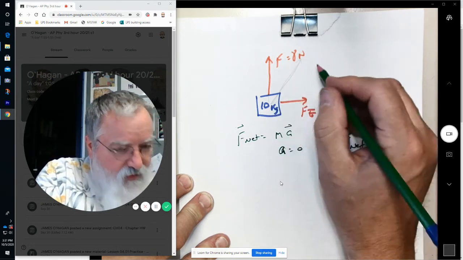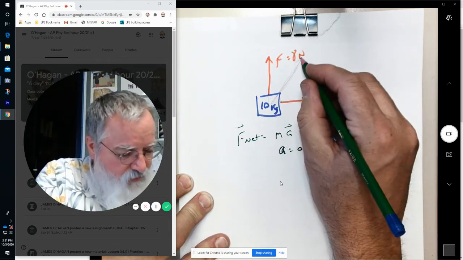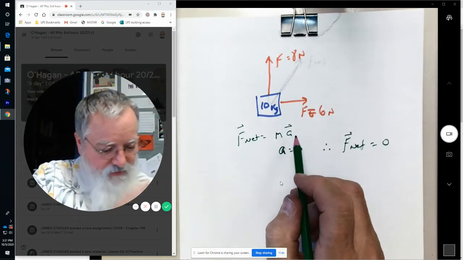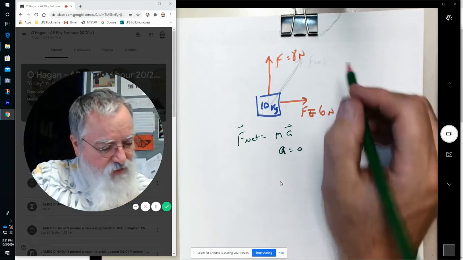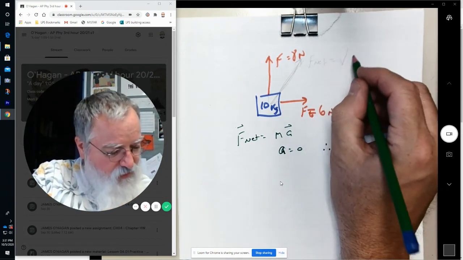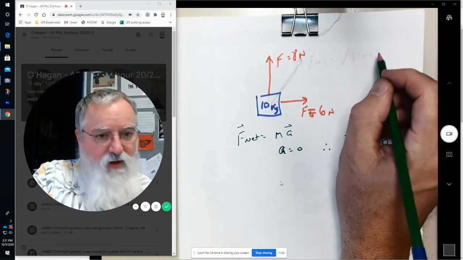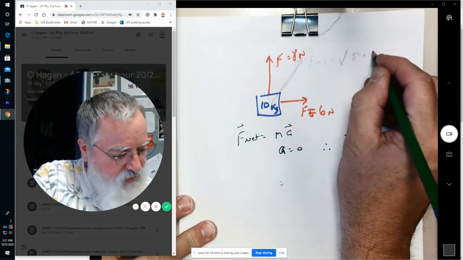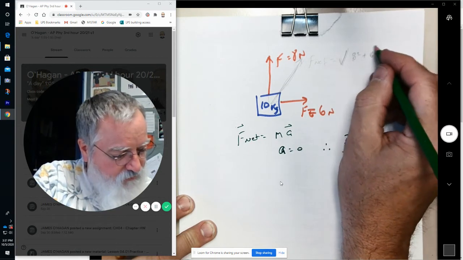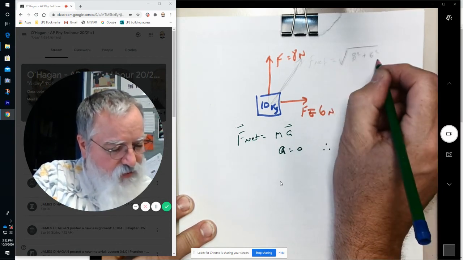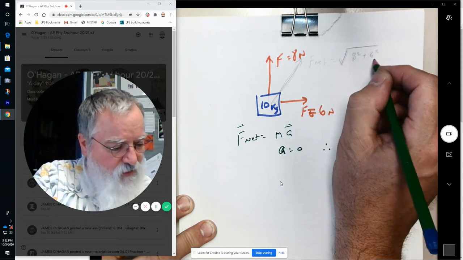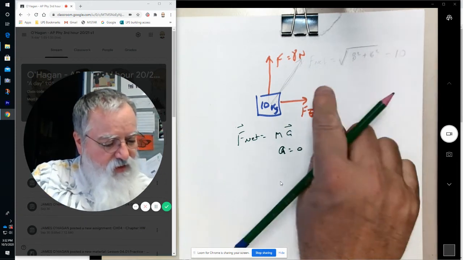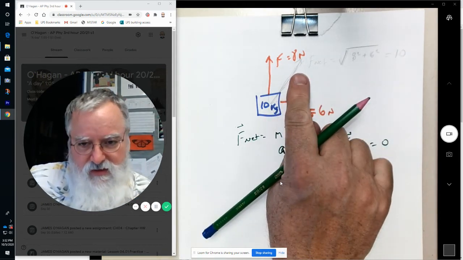So force net between these two is going to be the square root of 8 squared plus 6 squared. 64 plus 36, that's 100. Square root of 100, 10. So the magnitude of this is 10.